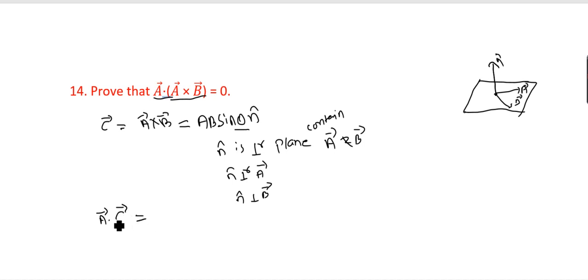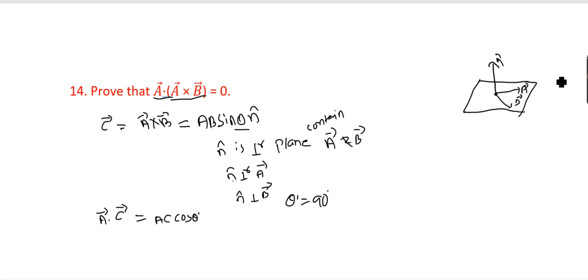As it is a dot product, it will become AC cos theta dash, where theta dash is the angle between A and C. Here the C vector direction is the n vector direction, and n vector is perpendicular to A vector, so this theta dash becomes 90 degrees.